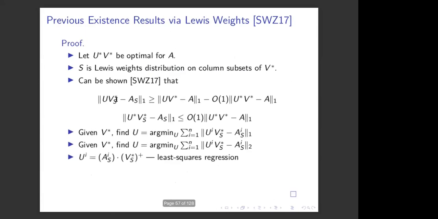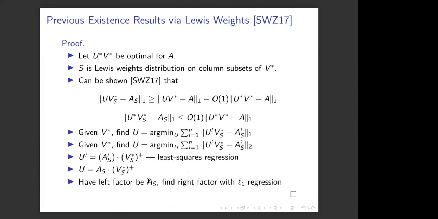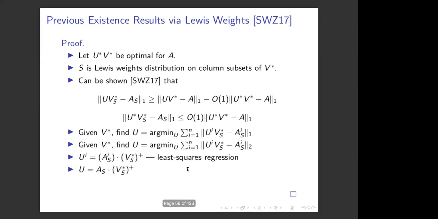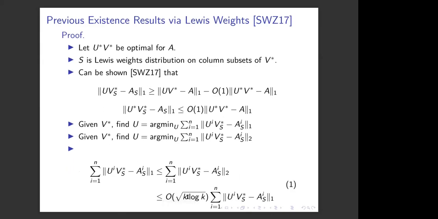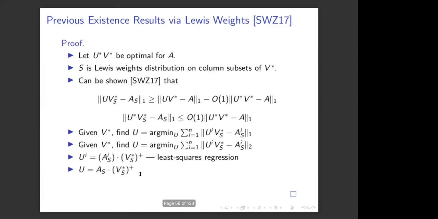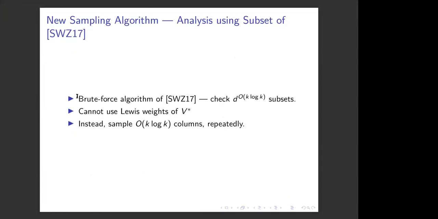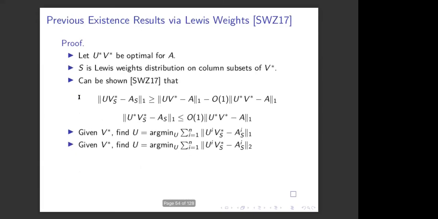So by taking this column subset A sub S, we saw that we lose an O of square root k log k approximation factor. So what does this result tell us?